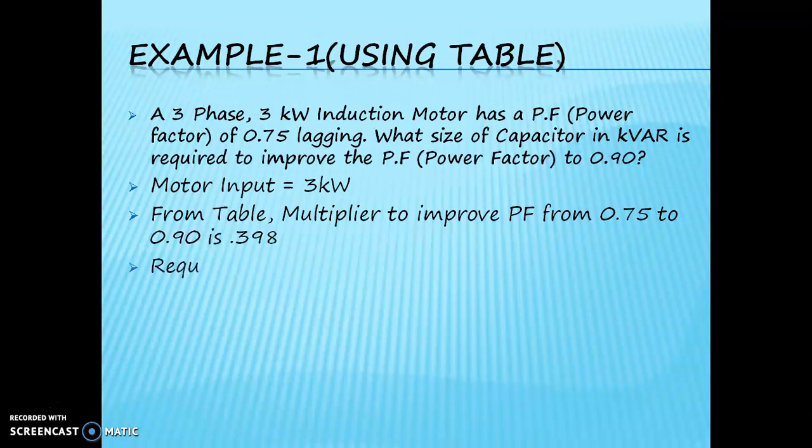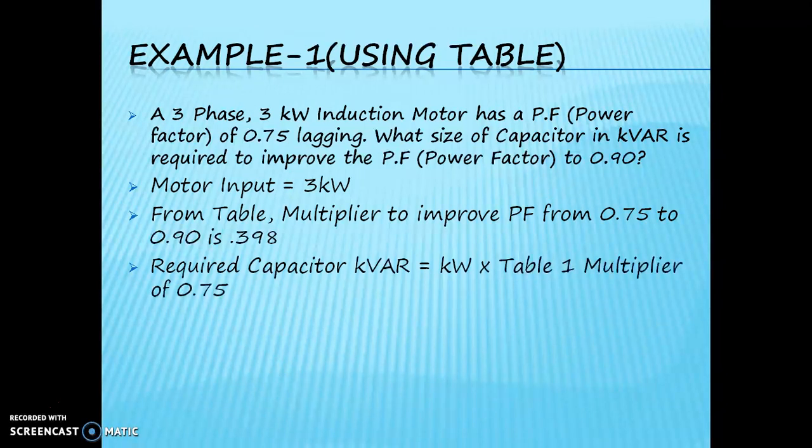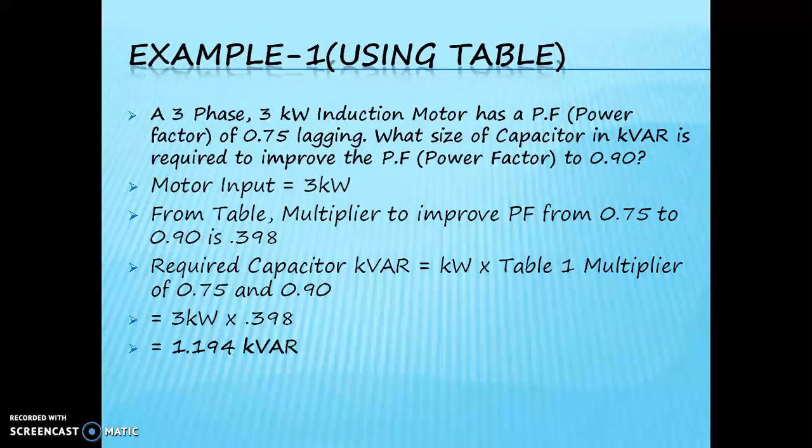The required capacitor kVAR is equal to kW into the table multiplier. We are picking the multiplier from the table, which is 0.398. 3 kilowatt into 0.398 we get 1.194 kVAR. This is the exact kVAR of the capacitor bank which we are going to connect in parallel to the induction motor in order to achieve our power factor of 0.9 from 0.75.